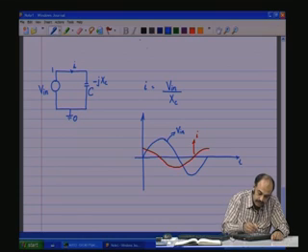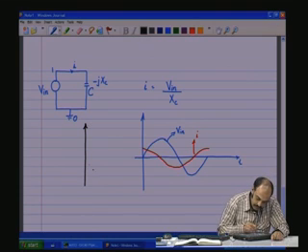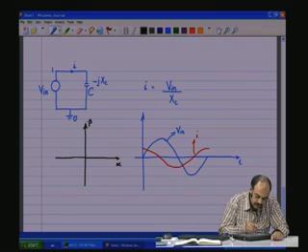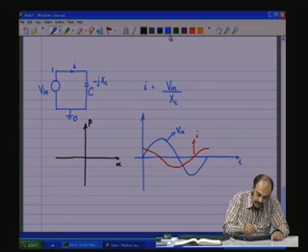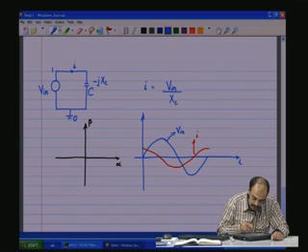Now let us see how it gets projected onto the alpha beta axis. What is our reference? The reference is the input voltage. It is starting at 0. It has an amplitude Vm. So, this is our V in.